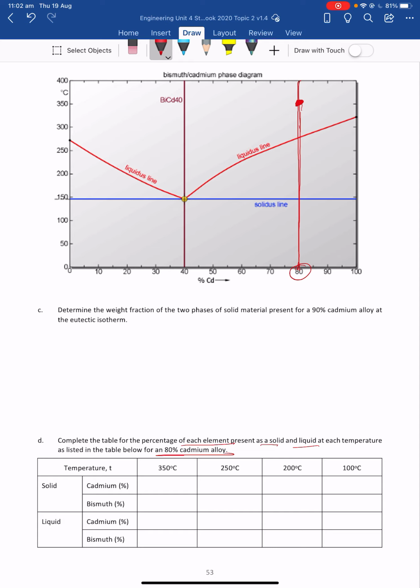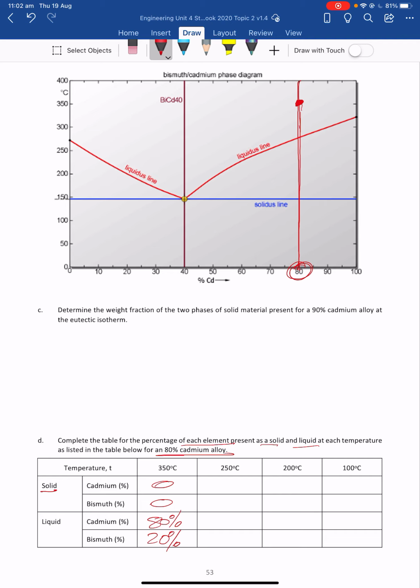So when we get to this temperature, let's say at 350, which is the one that we're talking about here, there is 0% cadmium and bismuth in the solid phase at 350 because it is all liquid. And because this is an 80%, 20% mixture, it's 80% cadmium and 20% bismuth.